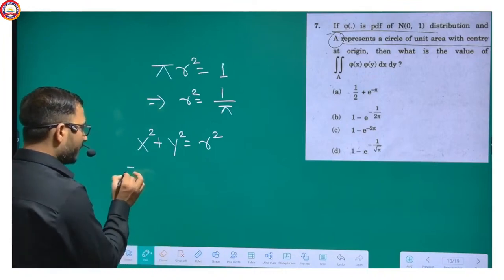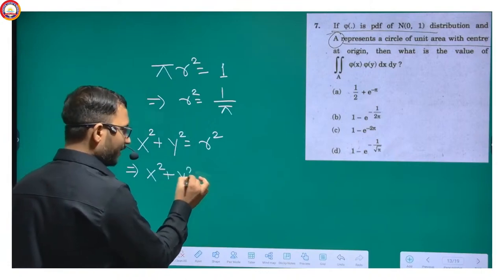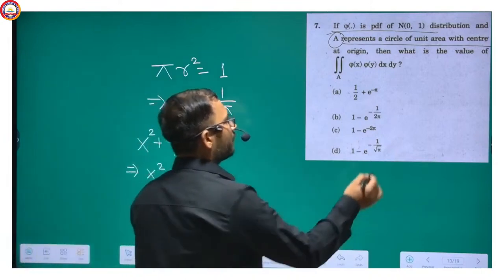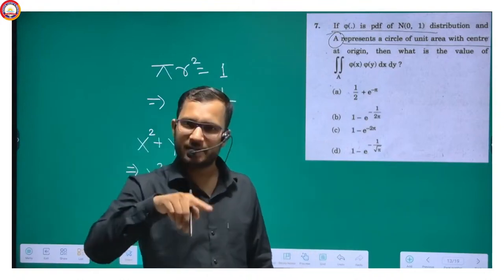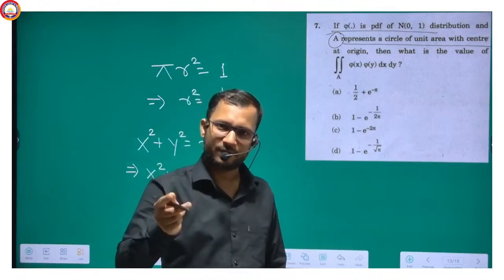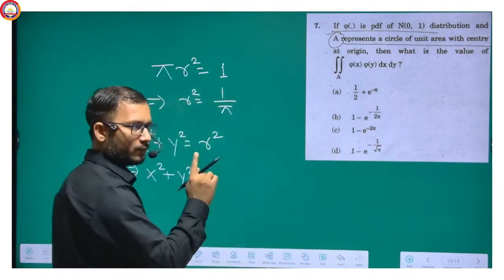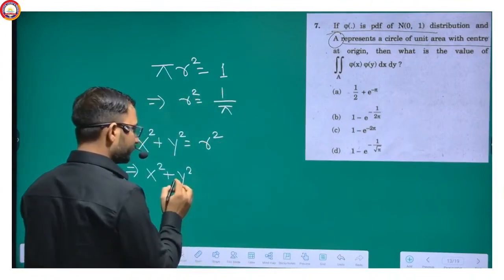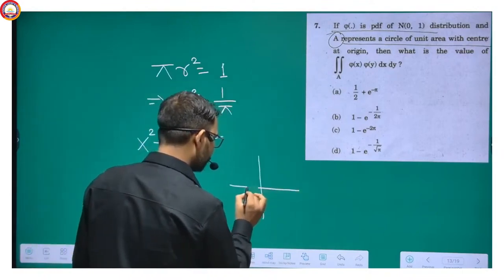And so I am writing here x square plus y square, and what it says is that phi x and phi y should be integrated. The multiplication of phi x and phi y should be integrated in this range.